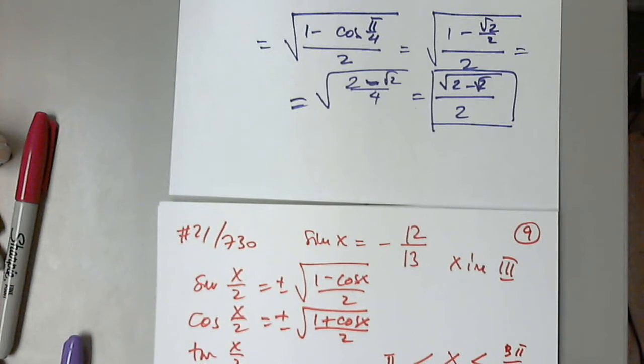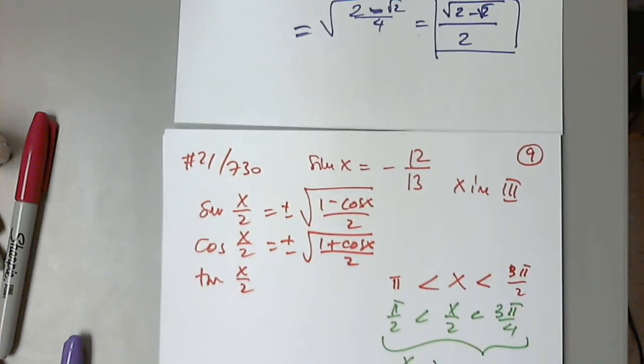So pi over 2 less than x over 2 less than 3 pi over 4. So now I know that x over 2 is in which quadrant? Very good, indeed. Second quadrant, somewhere between pi over 2 and pi.